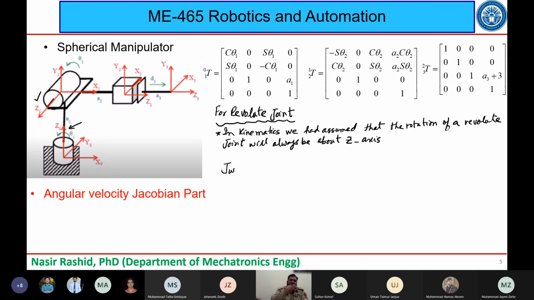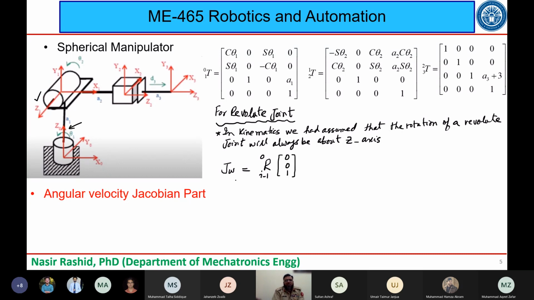So in this there will be a revolution, I will talk about a rotation, and since it is about z, I can write it down like this: rotation of I-1 joint with respect to 0, or base frame, multiplied by this vector which is 0, 0, 1.